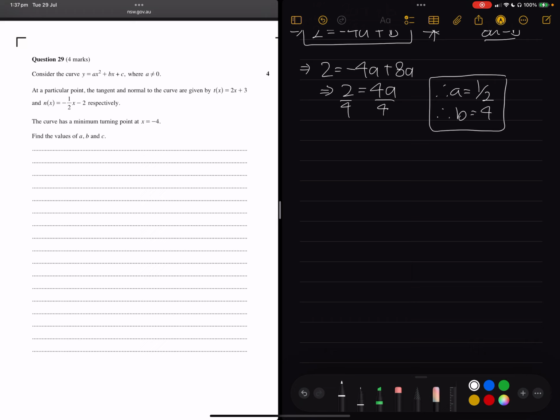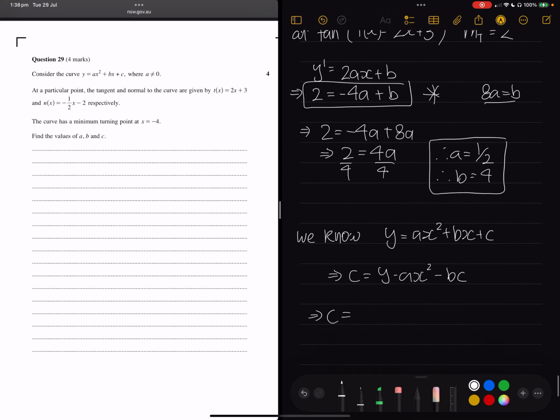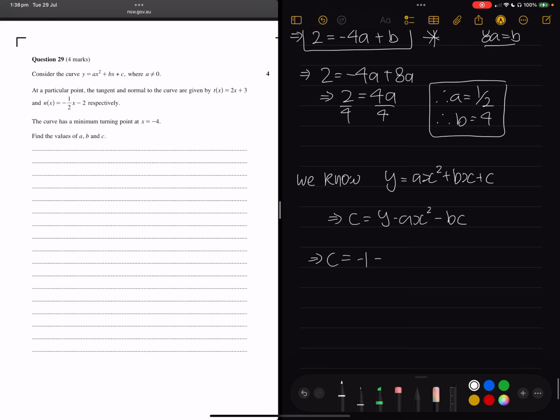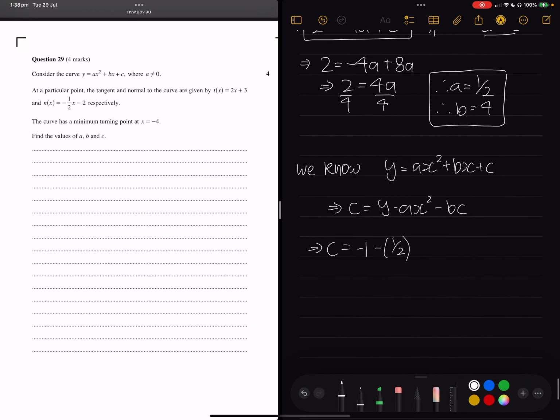So we're just going to plug this all in to find c. Because we know that y equals ax squared plus bx plus c, this implies that c is equal to y minus ax squared minus bx. So we get the c value will be the y coordinate at the point of intersection, which we said was -1, minus the a coordinate, which is 1/2 times x squared. We said x was -2.